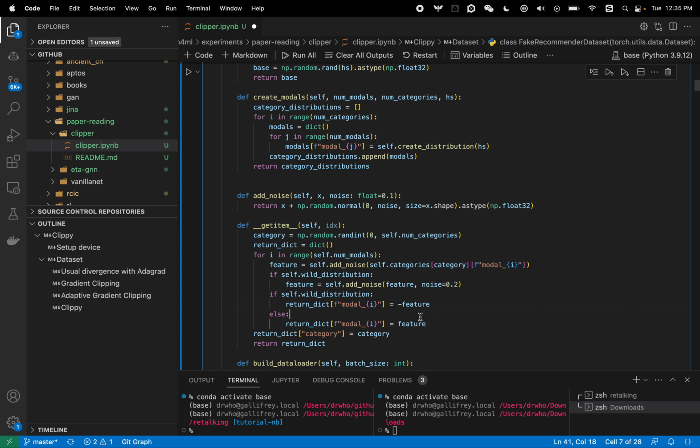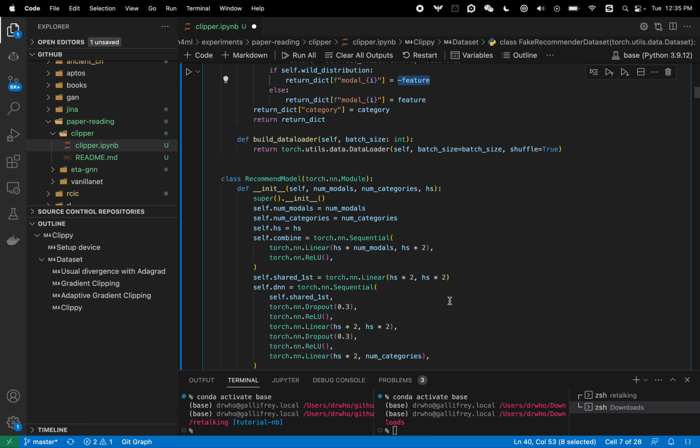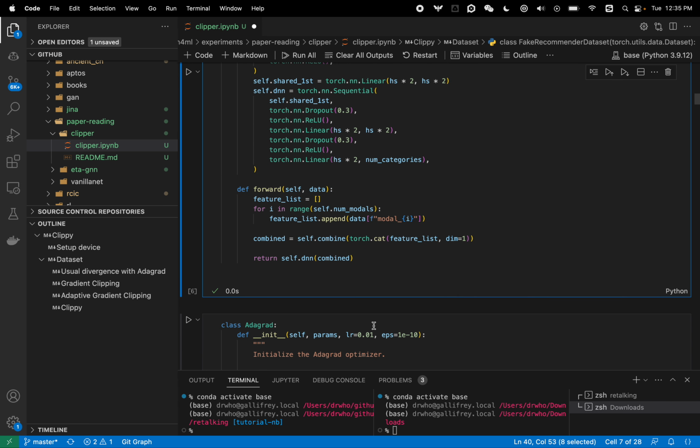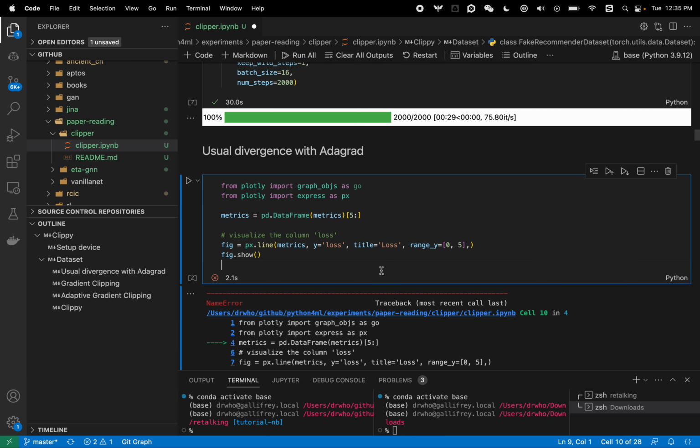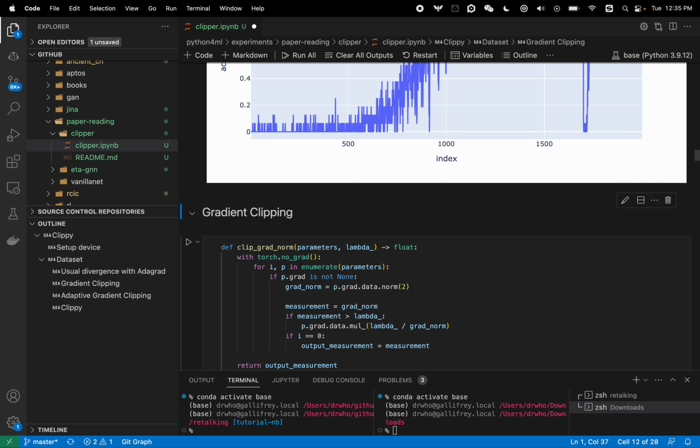Whenever I want to disrupt, I reverse all the features, so the model sees a totally new, different world with totally different answers, and it might try to do a very large step. Then I want to visualize the whole thing.